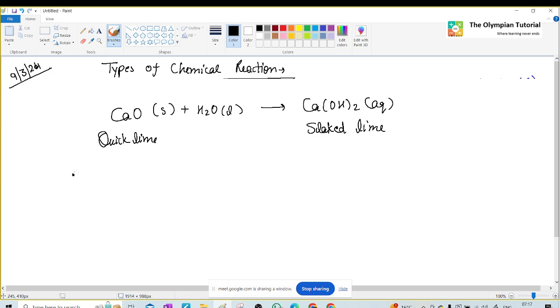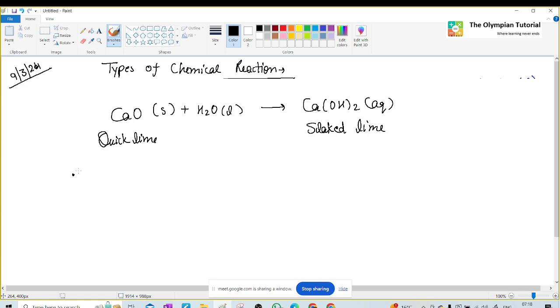Now from here write down a new line. A solution of slaked lime is used for whitewashing walls.